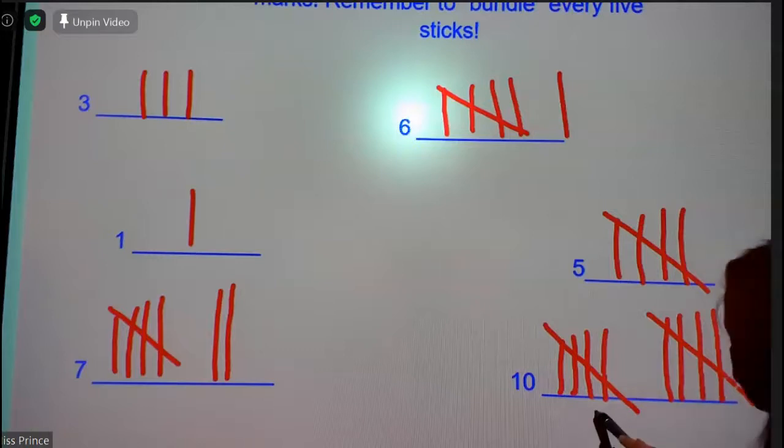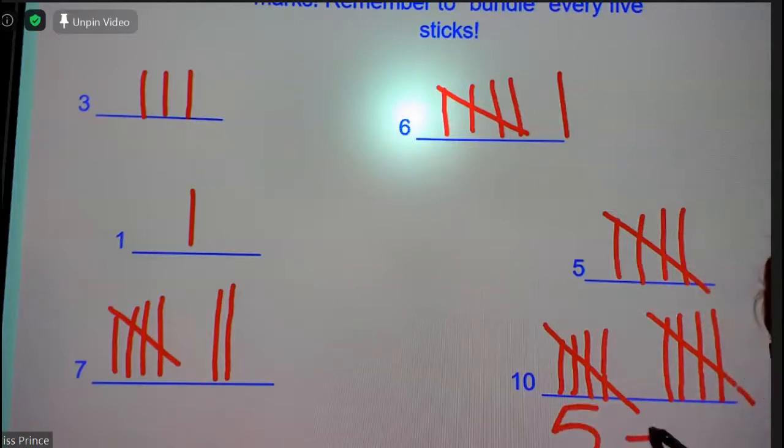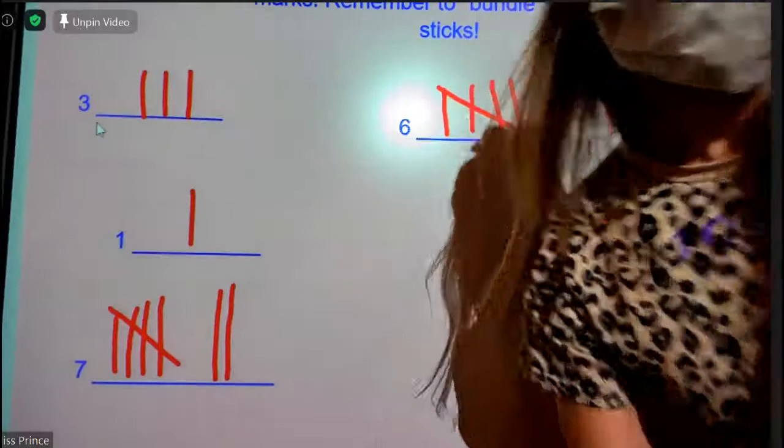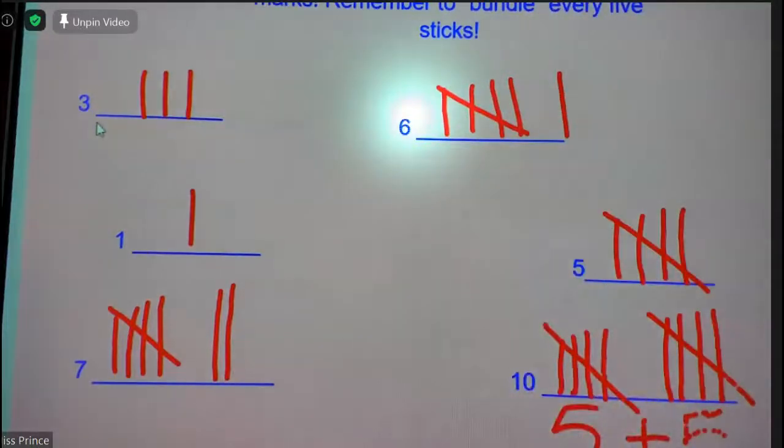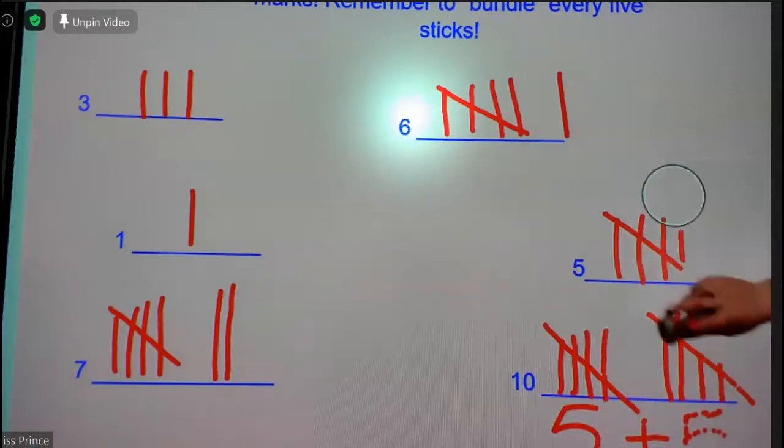We have 5 here plus 5 here. How many do we have? 10 altogether. Awesome job. First graders at home, do you see that? A bundle of 5 and a bundle of 5. We have 10. Okay, erase your board.